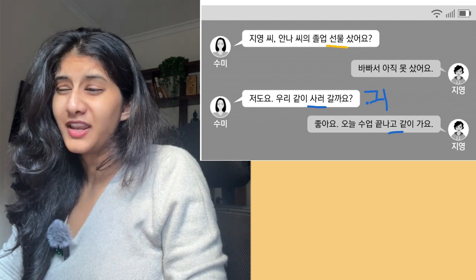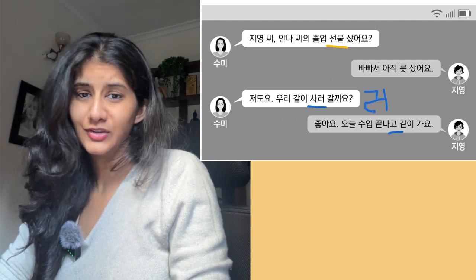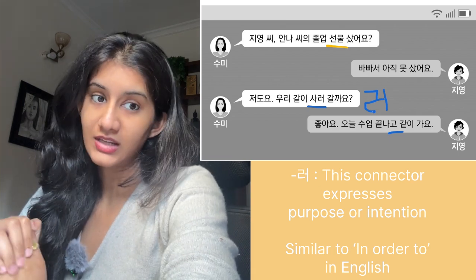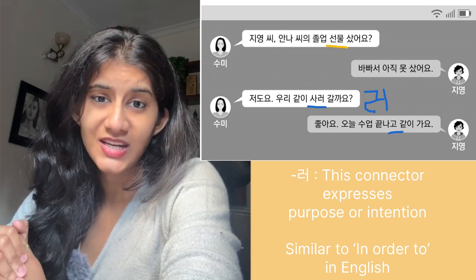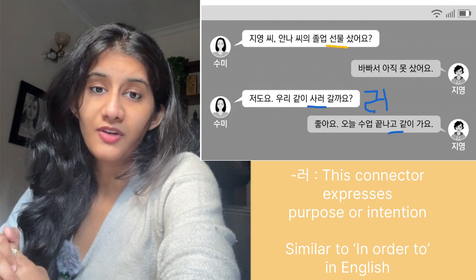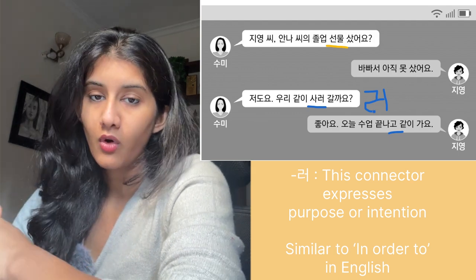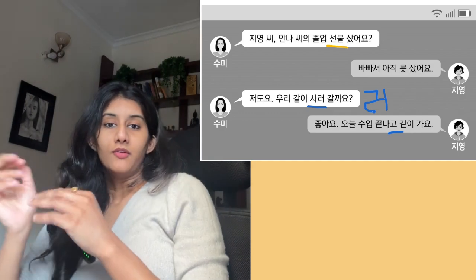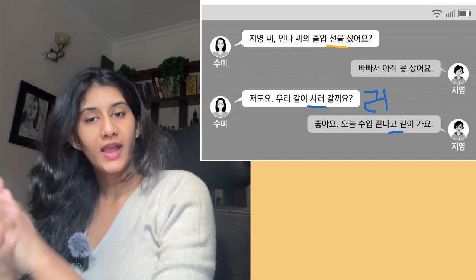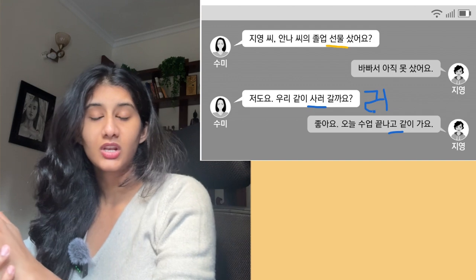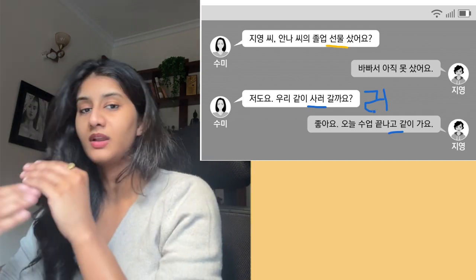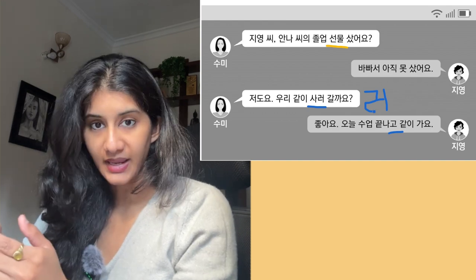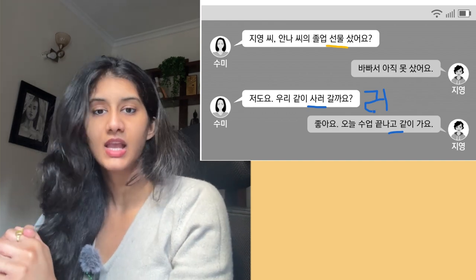Now 러 is a very interesting grammar. You know why? Because it tells you the purpose of any action. It tells you the purpose, or it states the mission in a sentence. In English, if I were to say, in order to, or to do something, you have to put an action to do something, right? So whenever you add 러 to any verb, it means that the mission or the accomplishment or the target of that sentence is to buy or to do whatever action is written there.